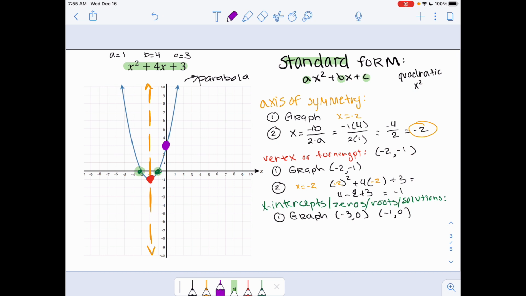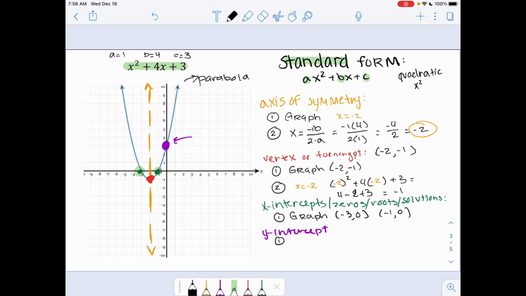Our last key feature is in purple, and that's the y-intercept. That's where my graph intersects with the y-axis. And so there's, again, two ways we can find that.